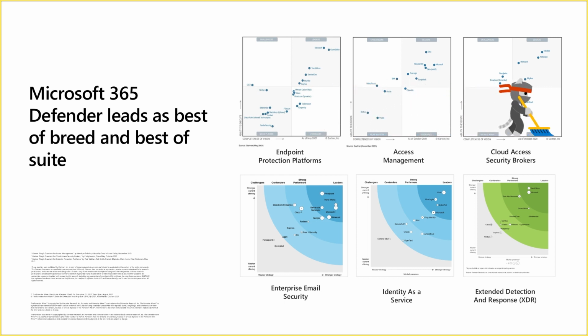And as I said, Microsoft came out as a leader across all of those different evaluations. And the one that you see in green, that's the XDR Forrester Wave that came out for the first time, where again, same story here for Microsoft. And so they don't have to choose between best of breed and best of suite. With the Microsoft security stack, they get both with Microsoft 365 Defender.